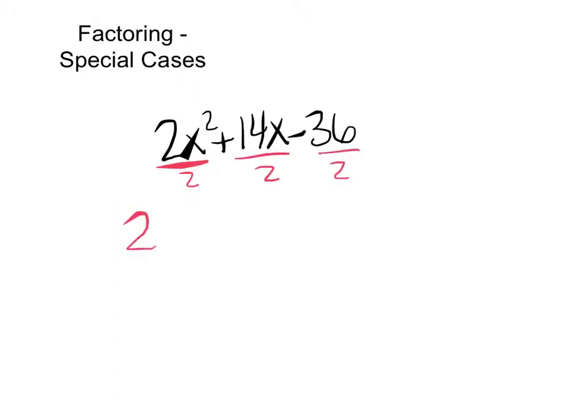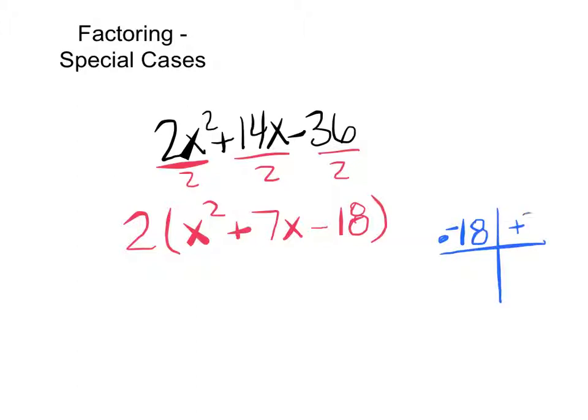Now this problem becomes 2 times x squared plus 7x minus 36 divided by 2, which is 18. Now, if we just look at that trinomial that's left over, that's not one I have to worry about grouping with. I can just ask, what multiplies to be negative 18 and what adds together to be 7? 6 and 3, nope. 9 and 2, which one would have to be negative to get me a positive 7?